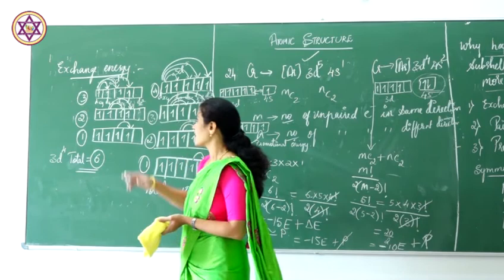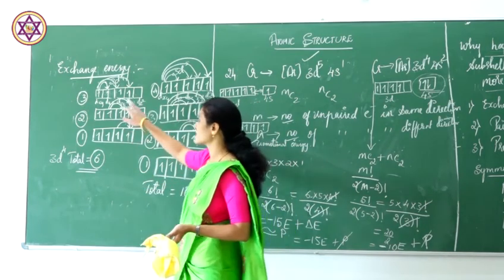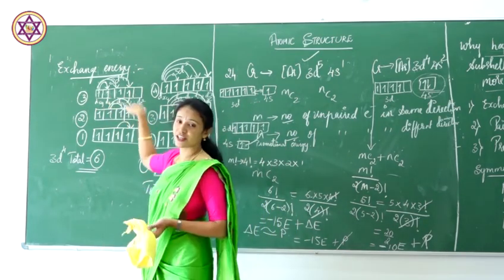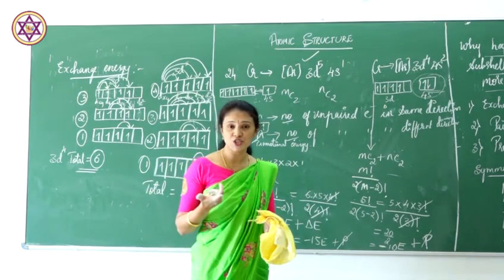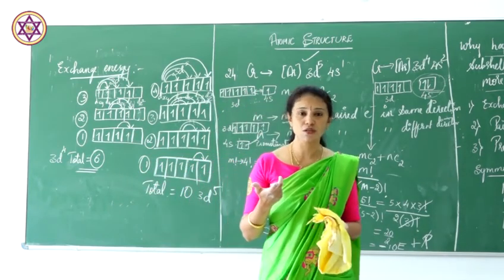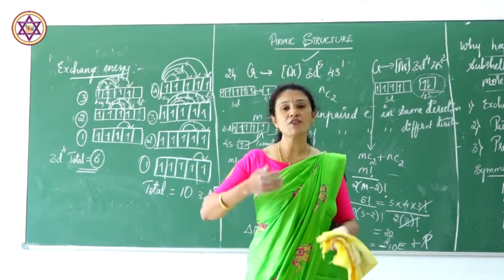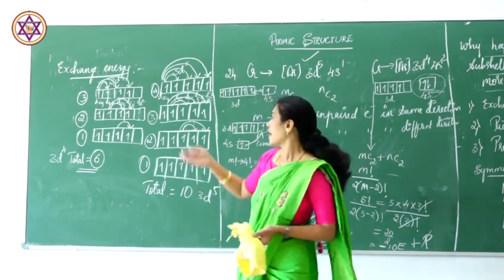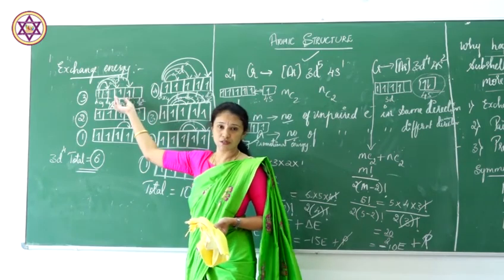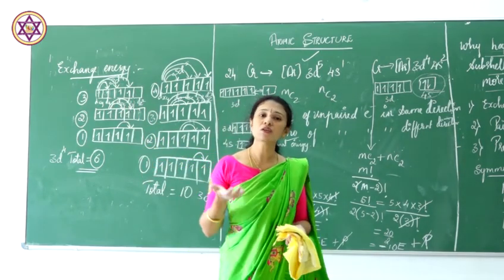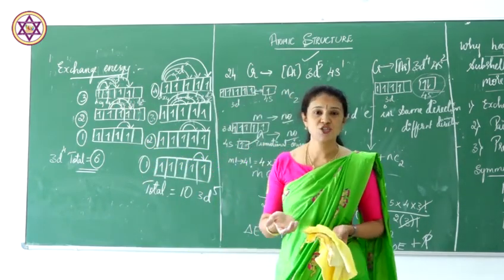And then in exchange energy, you all should see how many exchanges are taking place. More the number of exchanges between the electrons, more the energy that it releases. More the amount of energy that releases and lesser the energy in these orbitals, therefore it will be more stable according to exchange energy.